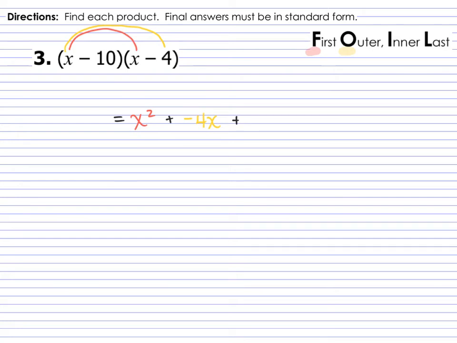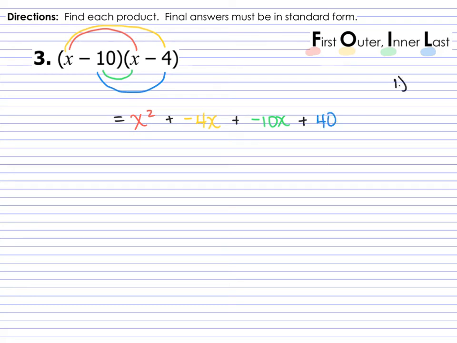Then we're going to move on to the inner terms. So inner is going to be negative 10 times x to give me negative 10x plus. Then lastly, we're going to do last. So that is negative 10 times negative 4. Remember, a negative times a negative is a positive, so 10 times 4 is 40.